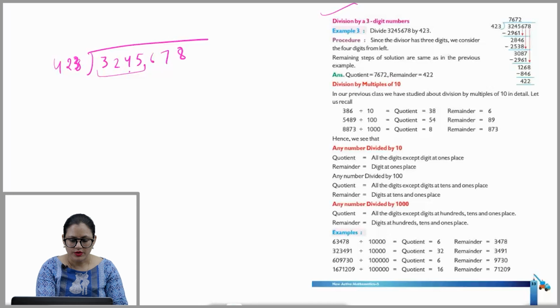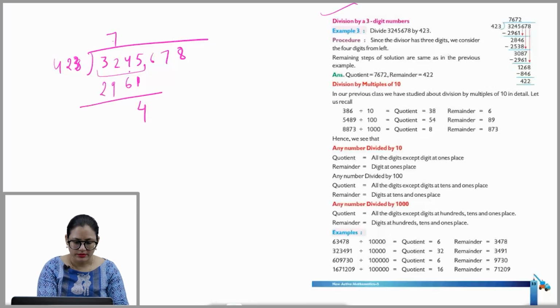Okay, so it goes, you will have to multiply, how many times it goes with the number. So here 7 3s are 21, 2 carry, 7 2s are 14, plus 2 16, 1 carry, 7 4s are 28 and 1 29. Okay, now subtract. Now bring down 6.